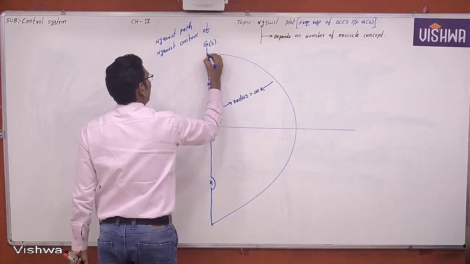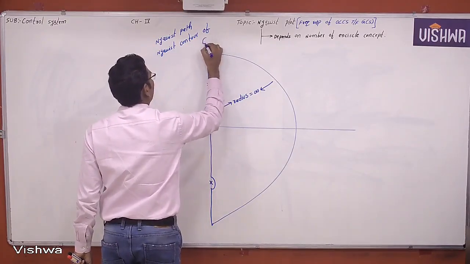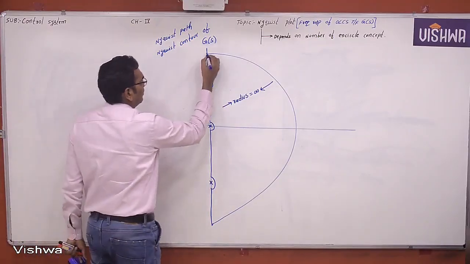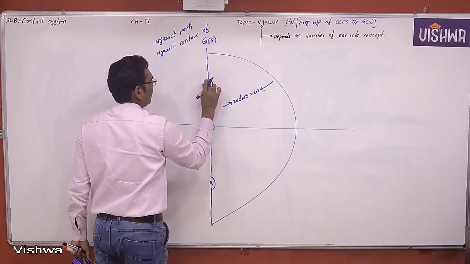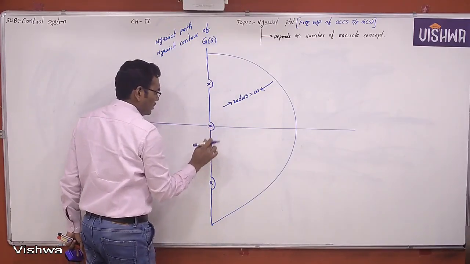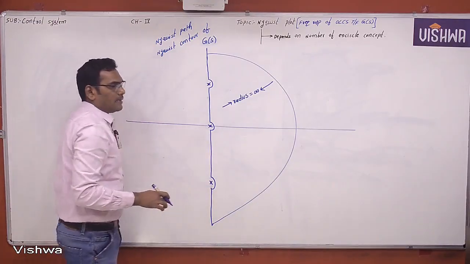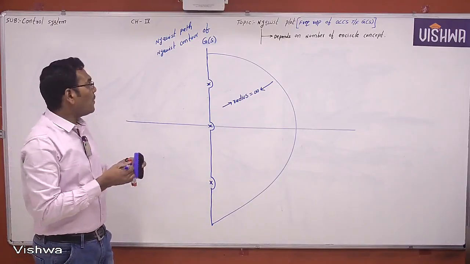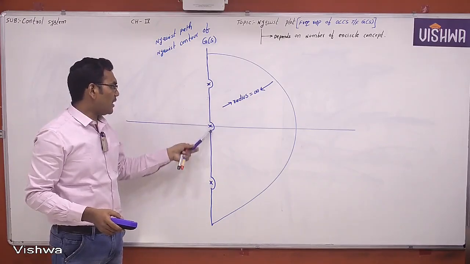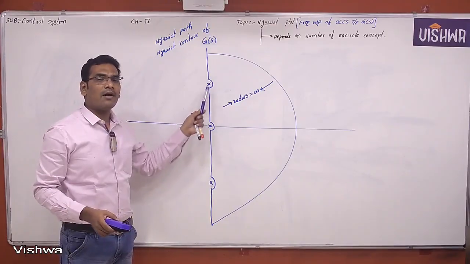It will cover the entire right hand side of S plane, and the path does not include the poles of an open loop transfer function which lie on the imaginary axis. Don't confuse, okay? If there are any poles of an open loop transfer function which lie at the origin or on the imaginary axis, the path is not included.